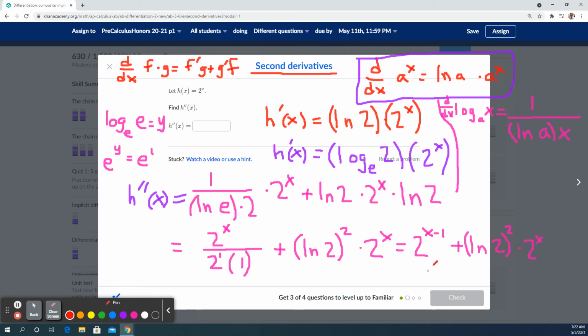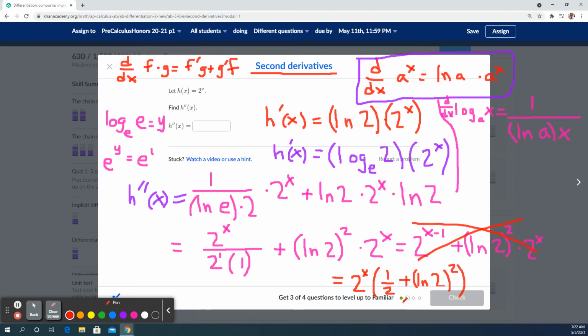So let's see. I'm not going to go down this way. I'm just going to try a different one. So I have a 2 to the x here. I have a 2 to the x here. I'm going to factor it out, see if that helps. I didn't really like the way this looks. 2 to the x gets factored out. What's left? I still have a 1/2 plus ln of 2 quantity squared.